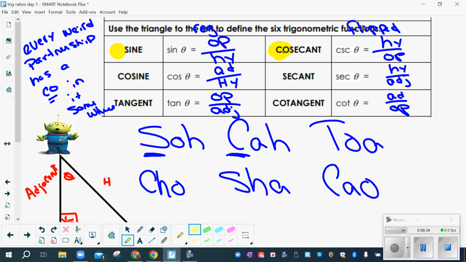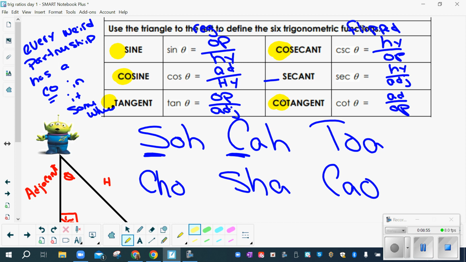Does that make sense? The cosine has the co, so his weird partner cannot have a co. And on this last one, tangent, no co; cotangent, yes. So that's how I remember it.